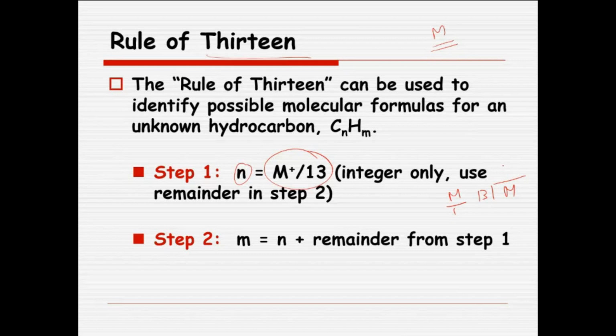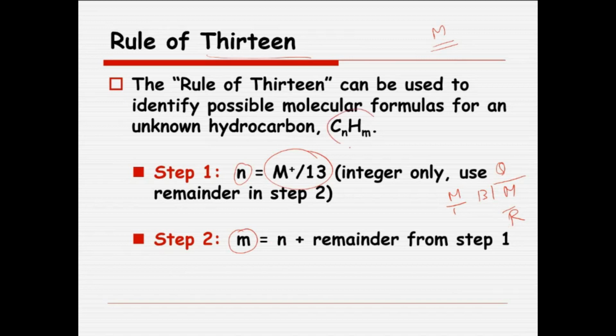So you'll have a quotient, and after dividing I get a remainder. The quotient is n, so n is the quotient of M by 13. In step 1, how do you find M? M is n plus the remainder.